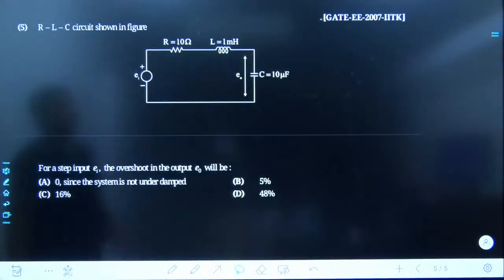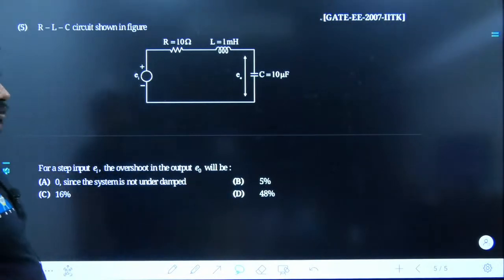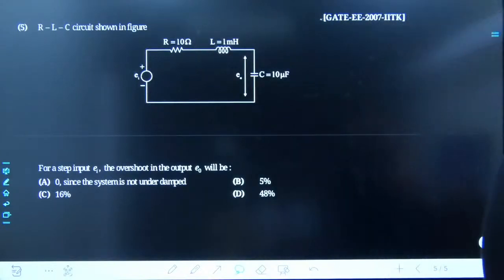We had the series RLC which had been excited by input Ei. We want to know the RLC for Ei. Which kind of system has it been? Obviously it's supposed to be an underdamped system. The value of overshoot in output E naught has to be calculated. Overshoot, obviously in percentage, they had asked.